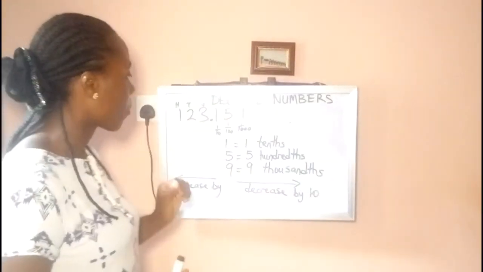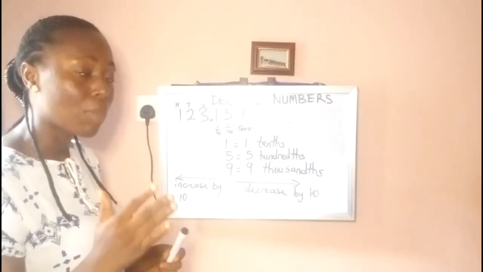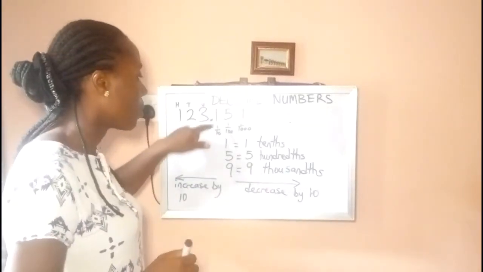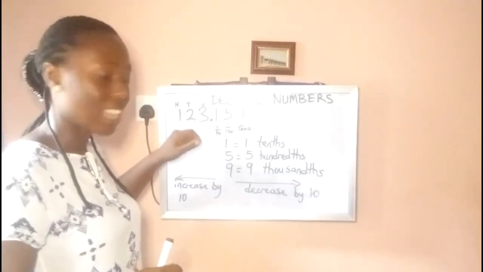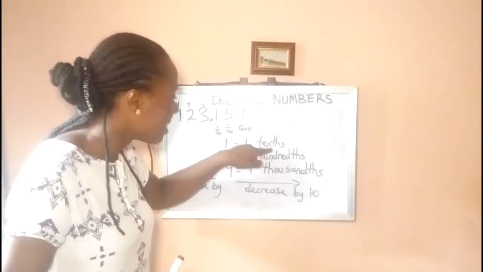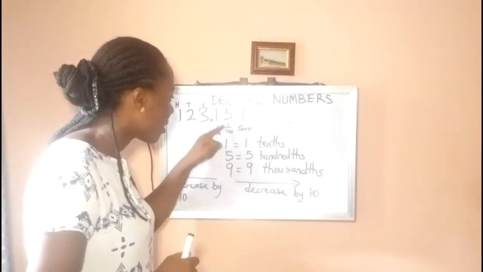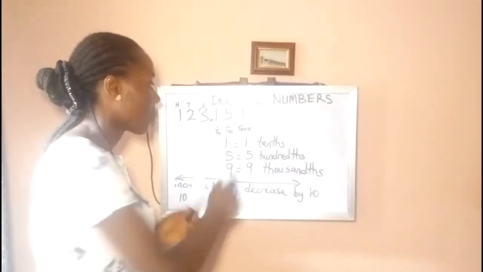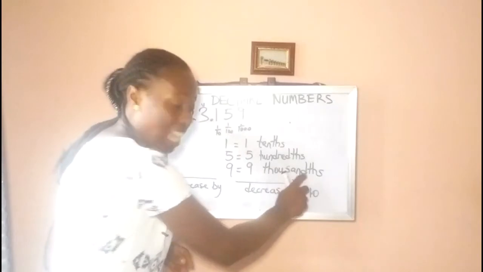Now let's leave it at that. How about numbers behind the decimal point? Numbers behind the decimal point decrease. The one immediately after the decimal point is called a tenth, with a THS. So the first number after the decimal point, we have 1 tenth. The next one, we have 5 hundredths, because it's in the hundredths position. The next one is in the thousandths position, so we say 9 thousandths.